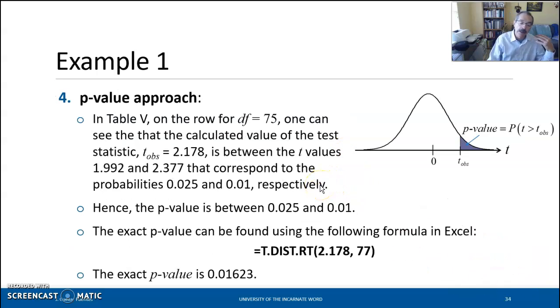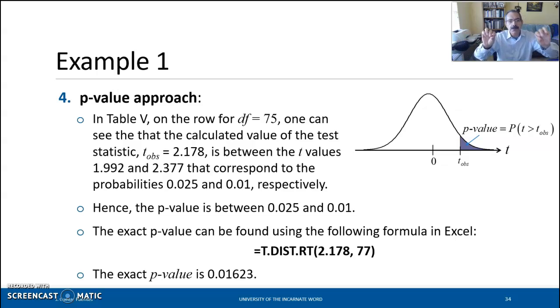If you decide to use the p-value approach, again we go to table 5 and use the row of 75 degrees of freedom because that's the closest value. We're trying to find the value of 2.178. Of course, you're not going to find it exactly.